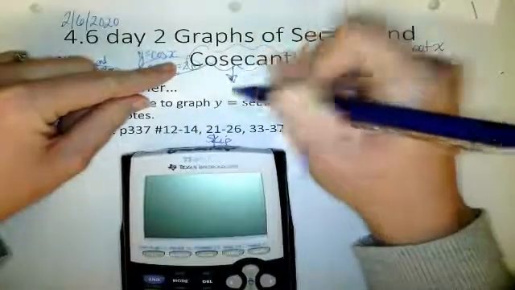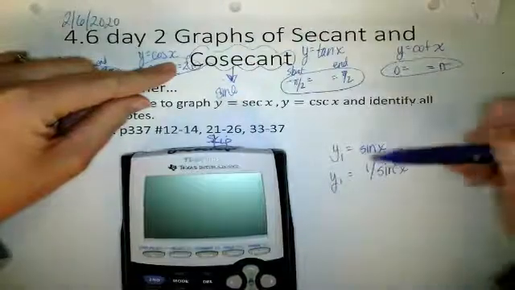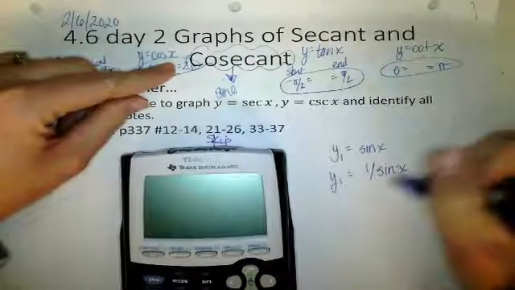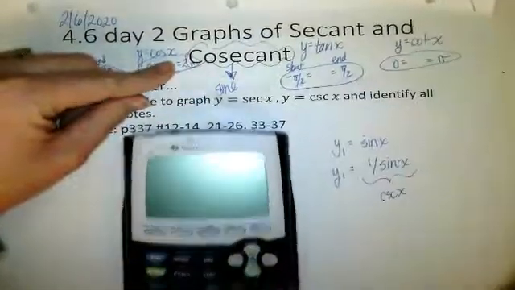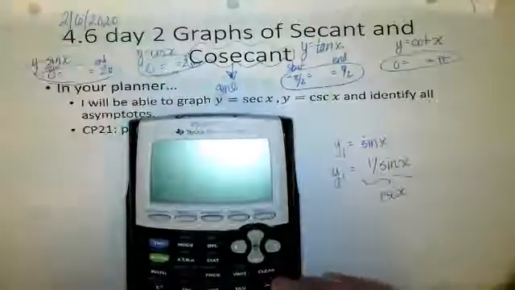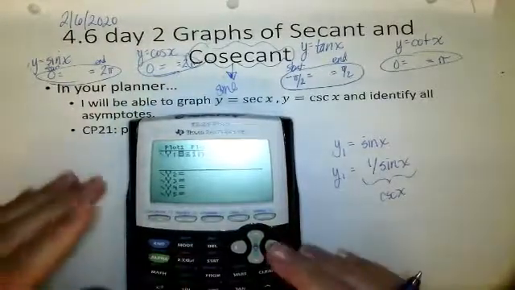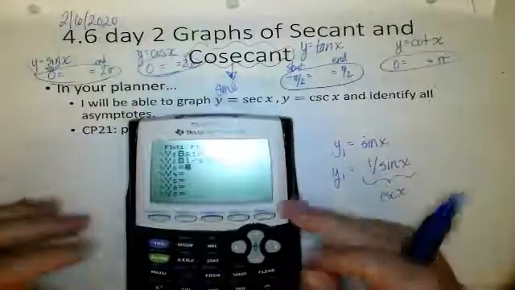Cosecant is the reciprocal of our sine function. And so I want to show you how these look compared to one another. And this is our cosecant function that we're graphing today. So I want you to see what it looks like. So I'm going to graph sine of x, and then 1 over sine of x, which is cosecant.